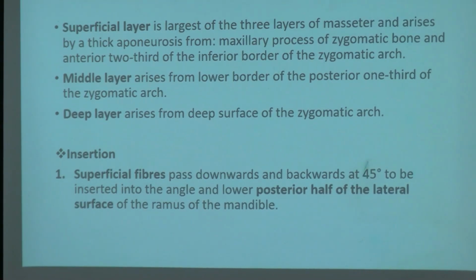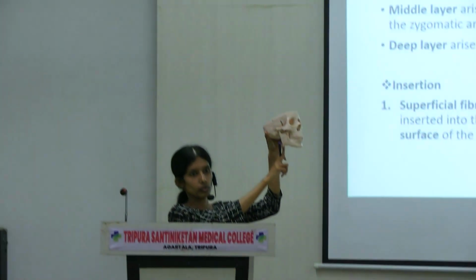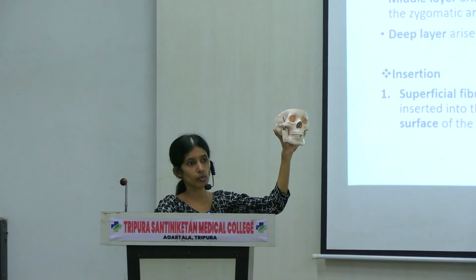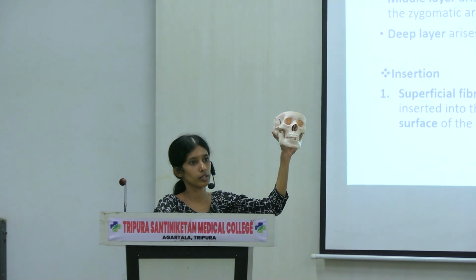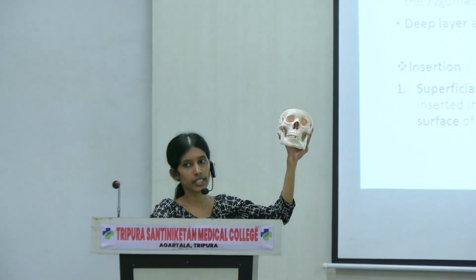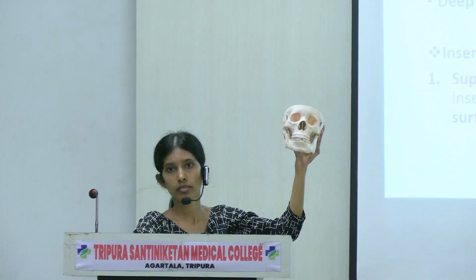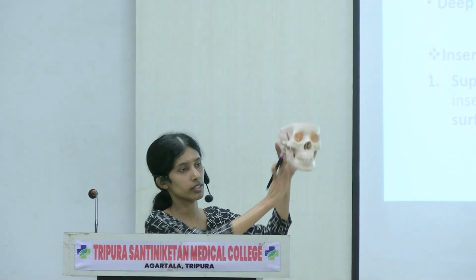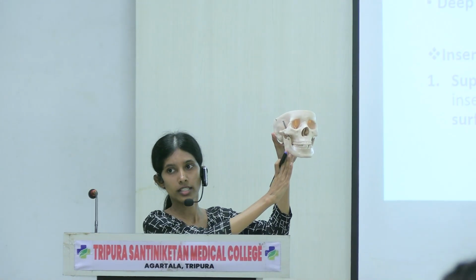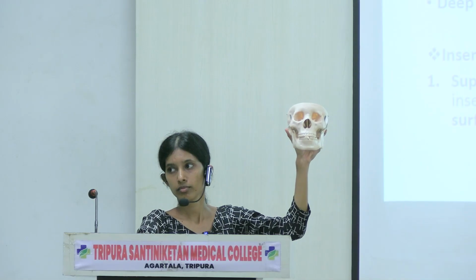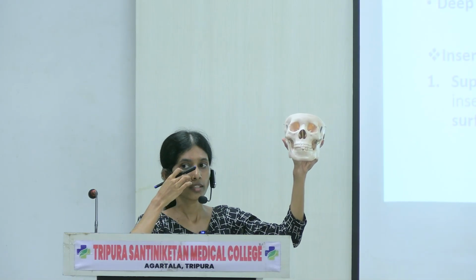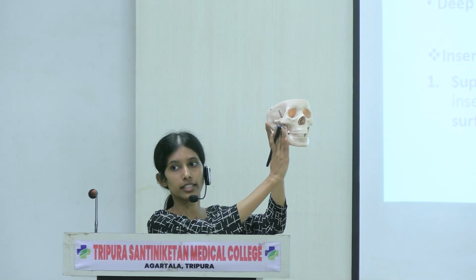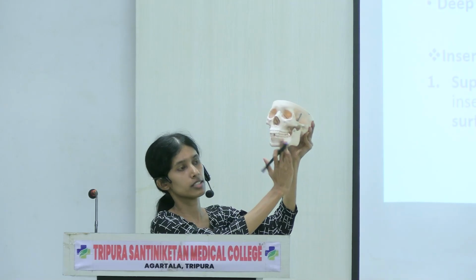This is called the angle of the mandible. Okay. What about the lateral surface of the mandible? Which one is the lateral surface here? Okay, this is the lateral surface. Is it right? This is the lateral surface. So, what is this surface called?